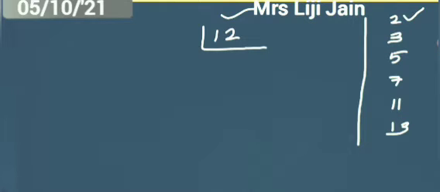Why? 12 is an even number. We can divide 12 by 3 of course, but that cannot be chosen. First we should think about the smallest prime number 2. Only if it is not possible are we allowed to move on to the next prime number.